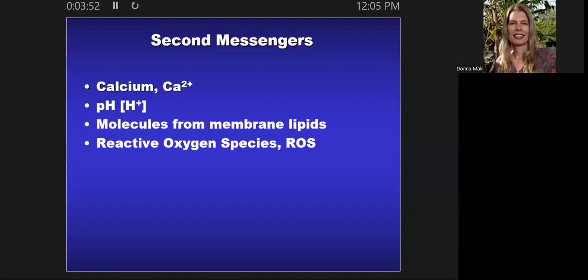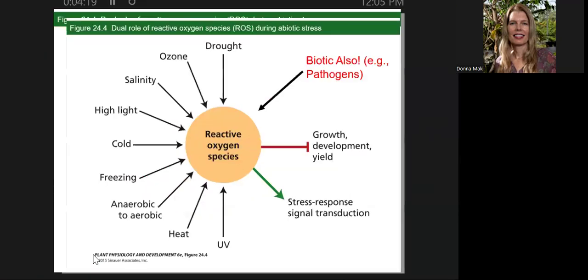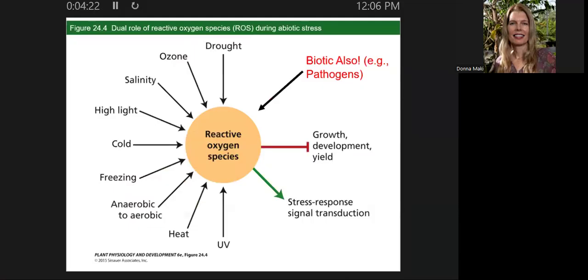And then we left off, I think, with reactive oxygen species, that they kind of serve a dual role for the plant. Like you probably may know for human health, they're saying reactive oxygen species are bad for you. Well, actually now they're showing some of them are not so bad for you in moderation. And the same for plants. You have this dual role where the reactive oxygen species can be used as a very effective second messenger as part of the signal transduction scheme.